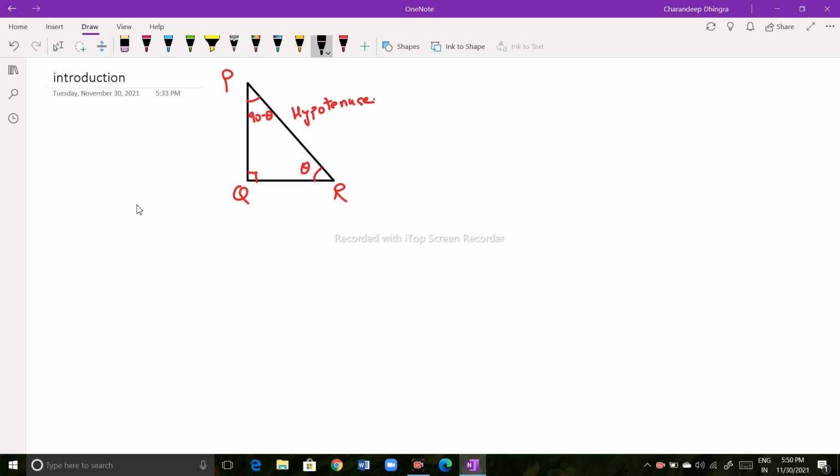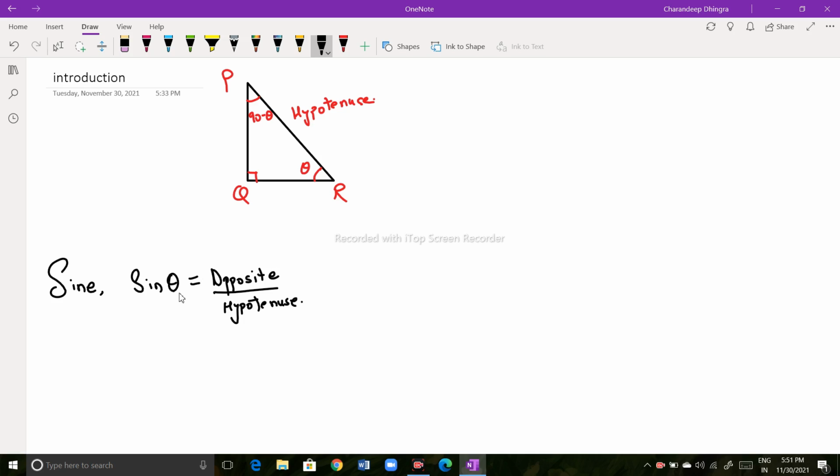Now let's start off with the first function of trigonometry, or I should say the first ratio. So that is sine. We write it as sin. So sine of theta. The sine of theta is always opposite side upon hypotenuse, right?